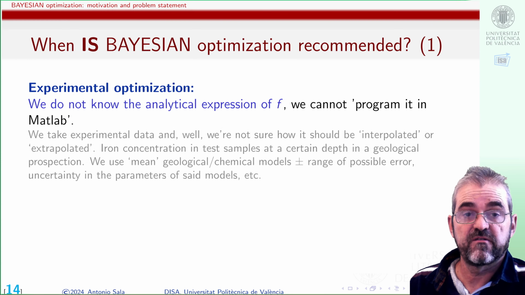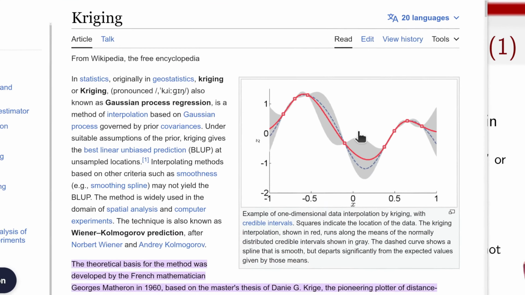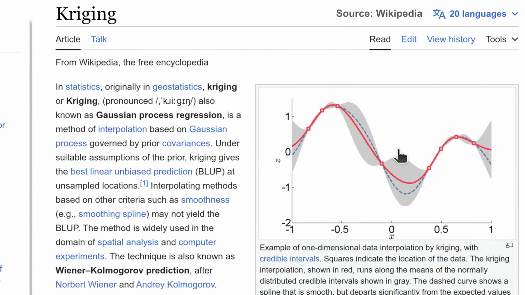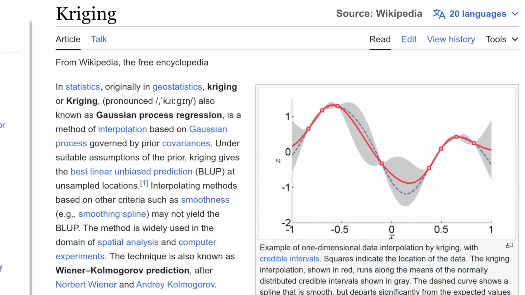For instance, the first usage in practice of this Bayesian optimization stuff was in mining. Under the name of Kriging, this Gaussian stuff appears, and that was the surname of a mining engineer, Daniel Krige, which worked in South Africa in finding the highest concentration of some mining ores, and then his master's thesis and the like was the first use case of this Gaussian process stuff.